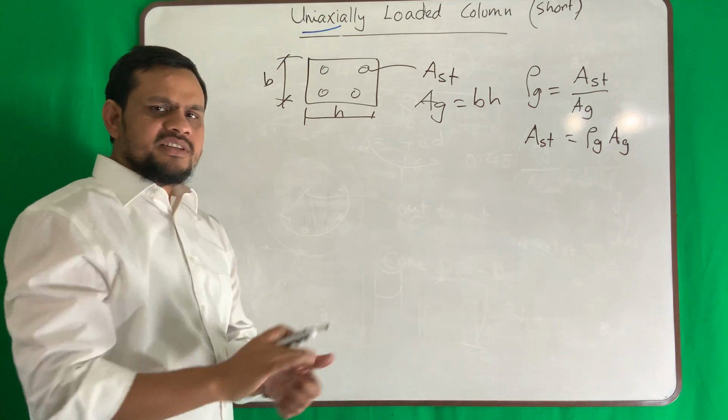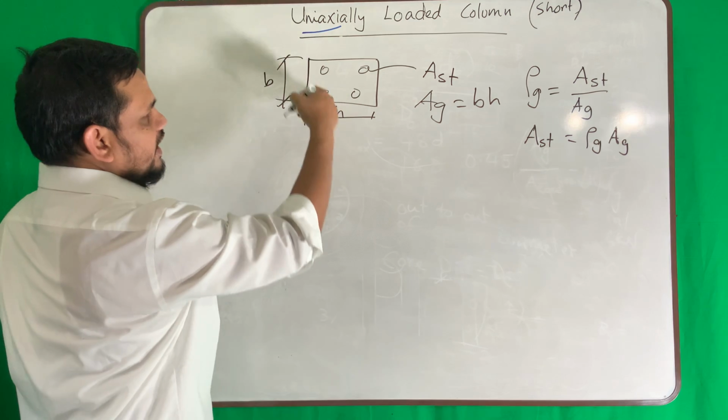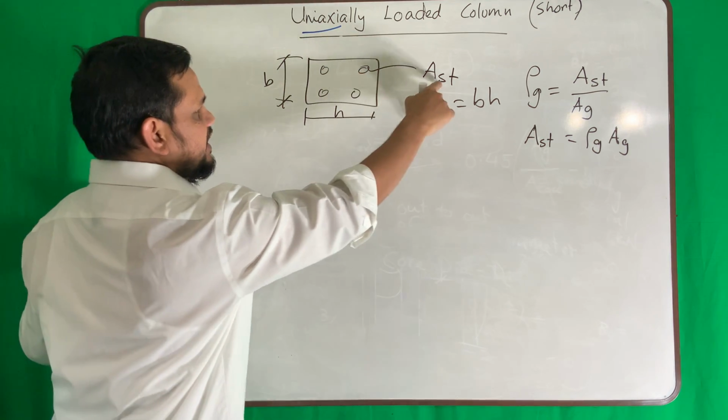Now these are some basic information. So total is AG, steel is AST.